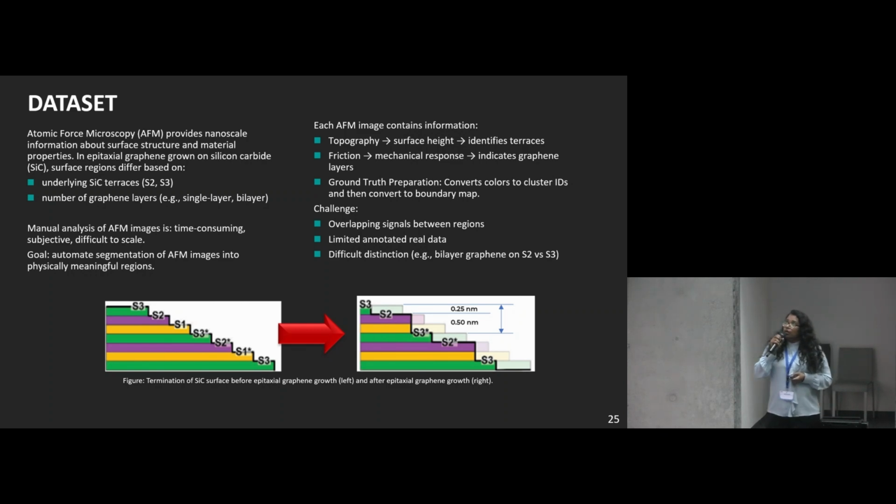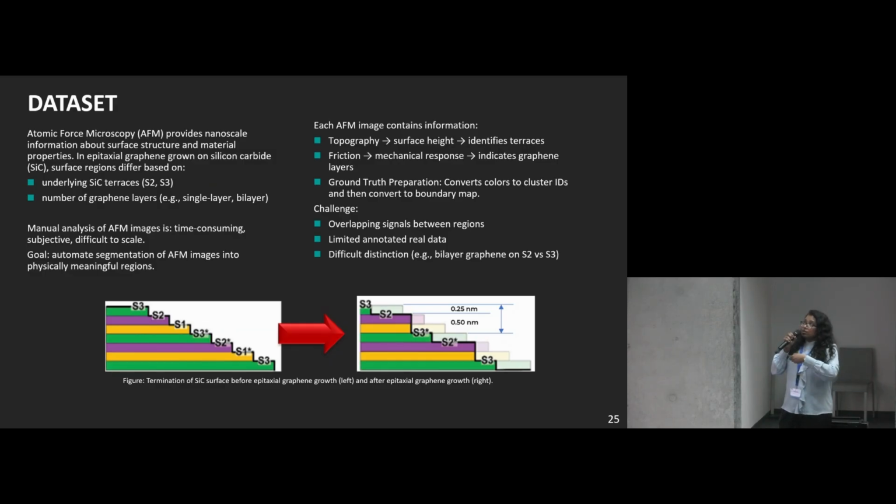So here, this is also in collaboration with another company called Activeair. What they do is form layers, as you can see on the left-hand side. They form different layers of graphene on a silicon carbide substrate, which, after a diffusion process, creates only two terraces, S2 and S3.